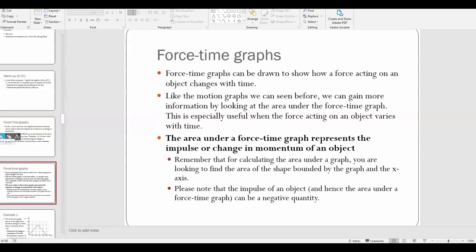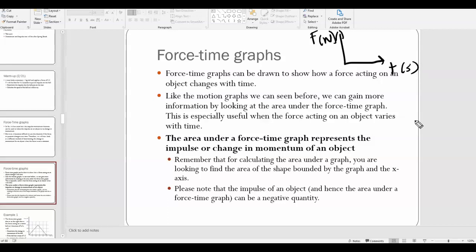Okay, so a force time graph is exactly what it sounds like. It is basically a graph showing you how the force on an object, so let's say this is F, measured in newtons, changes as a function of time measured in seconds.